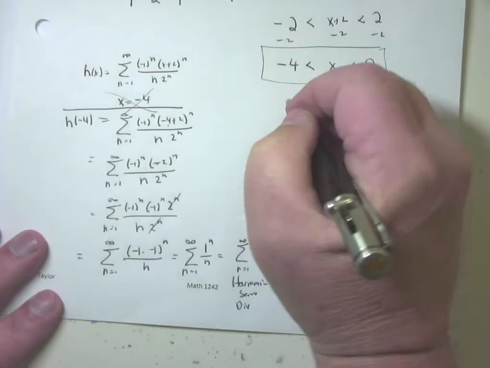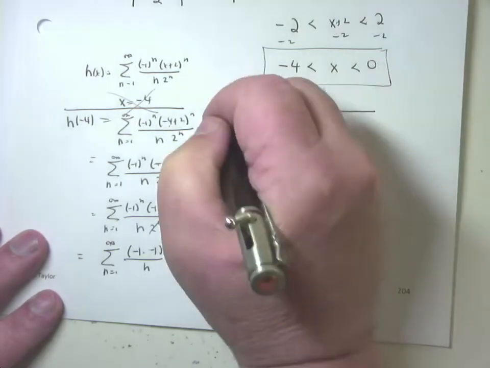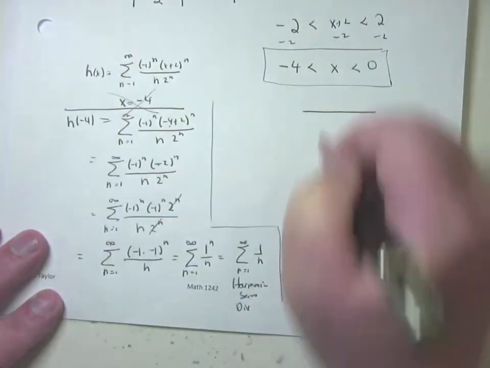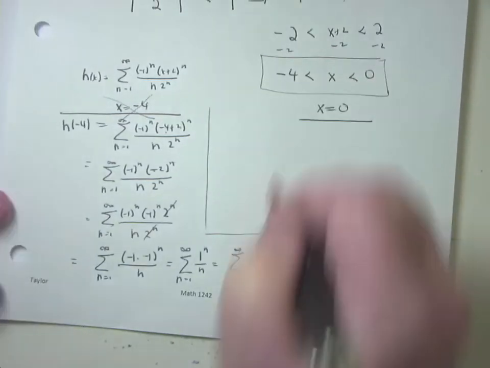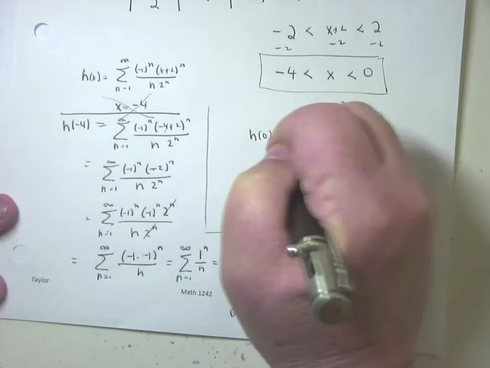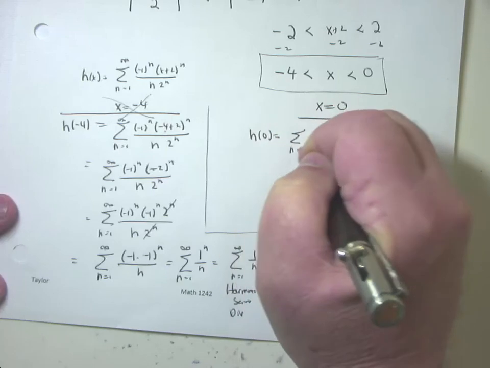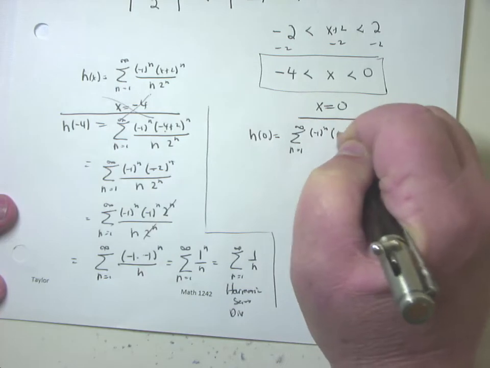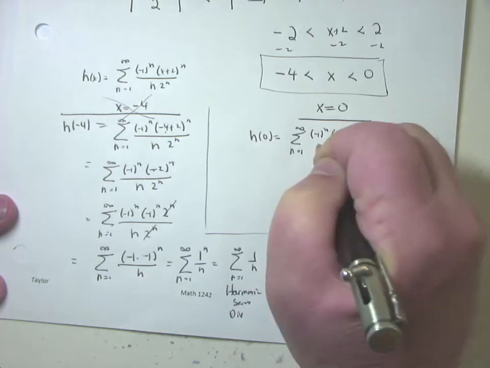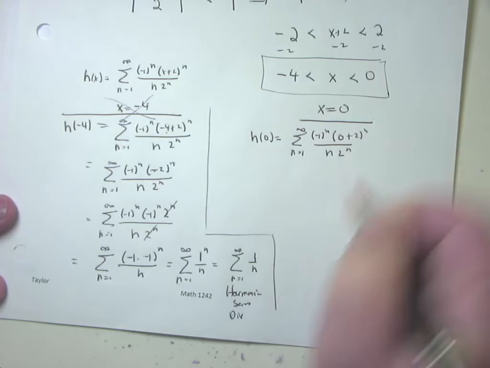Then you got to do your other endpoint. My other endpoint over here is x equals 0. Plug in 0 for x. This will give you h of 0, which will be the sum as n goes from 1 to infinity of negative 1 to the n times 0 plus 2 to the n over n times 2 to the n.